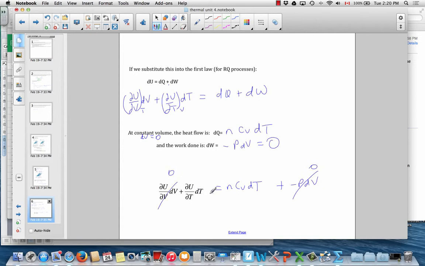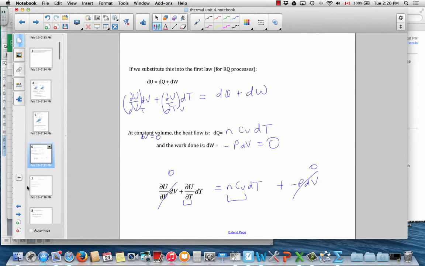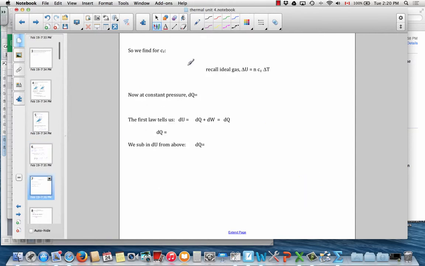This dV conveniently is 0. And so we can see here there's a relationship between the constant volume specific heat capacity and the rate at which internal energy changes with temperature. So that's a good conclusion to draw. So for Cv, we can say that nCv is the rate of change of internal energy with respect to temperature at constant volume.